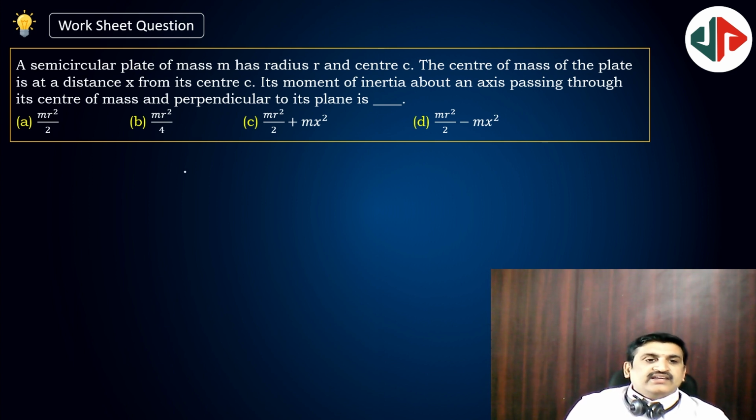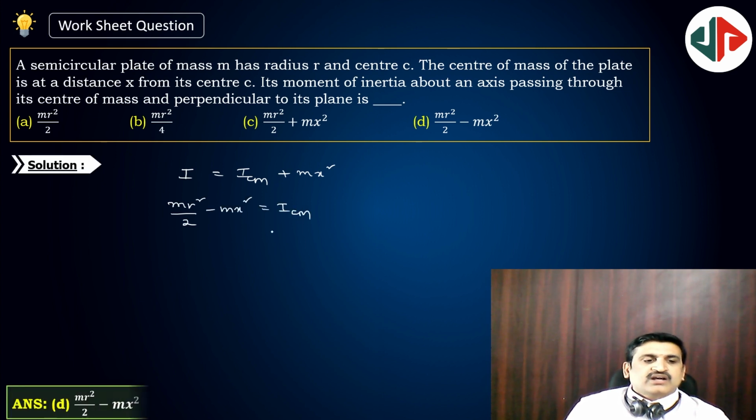See, I is equal to I_CM plus m x square. So mr square by 2 minus m x square is equal to I_CM. So the option must be D. Next.